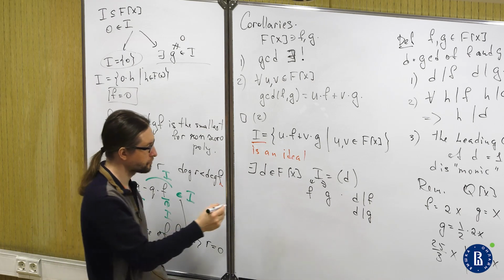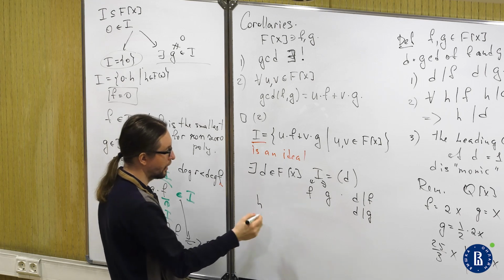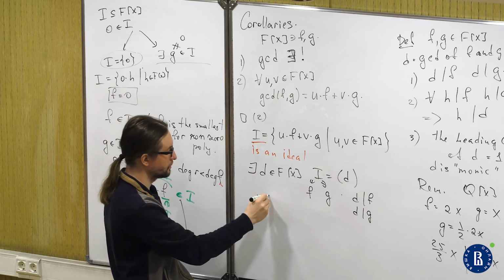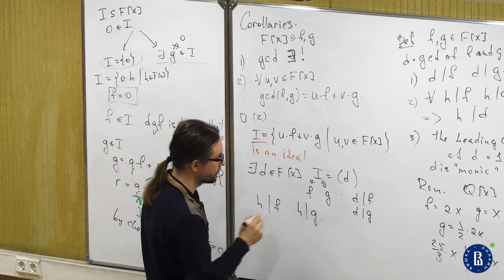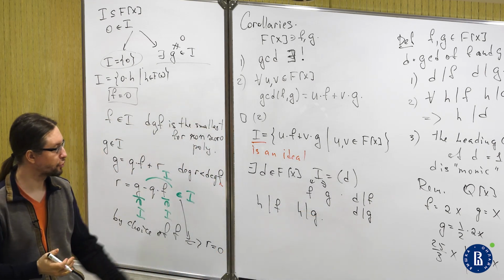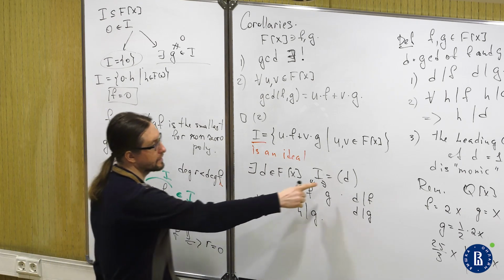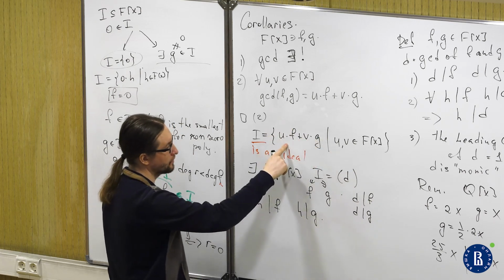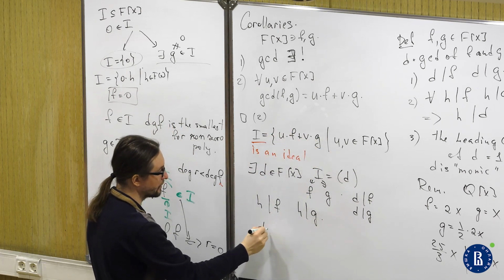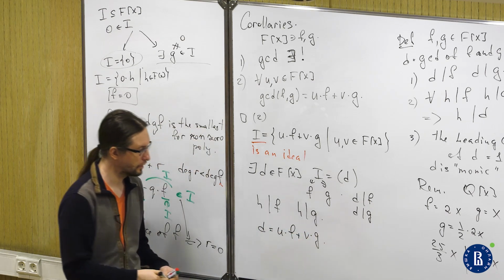Now, the second part. Suppose we have h, and h divides f, and h divides g. We want to show that h divides d. Since d is an element of I, and every element of I has this form, d can be presented as u times f plus v times g.